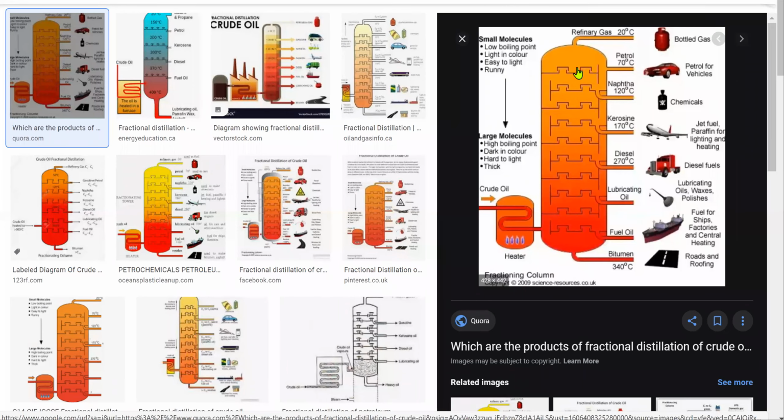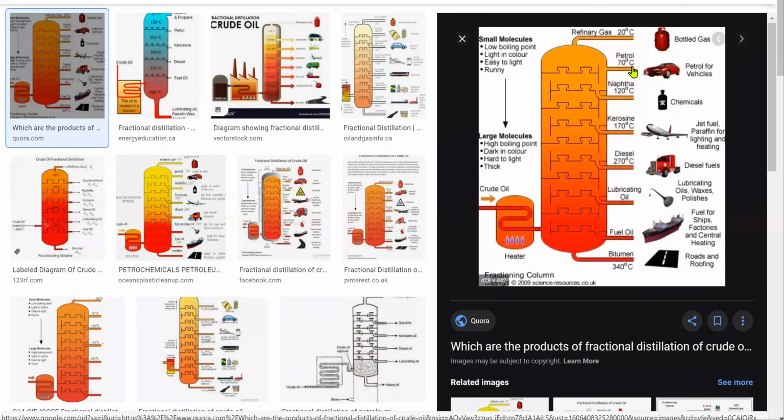The first things to condense are the ones with high melting and boiling points, like bitumen. Bitumen is the leftover at the end. That's your tar. Then you have fuel oil, lubricating fractions. Diesel is used for heavy transportation. Kerosene is paraffin, so that's used in airplanes.